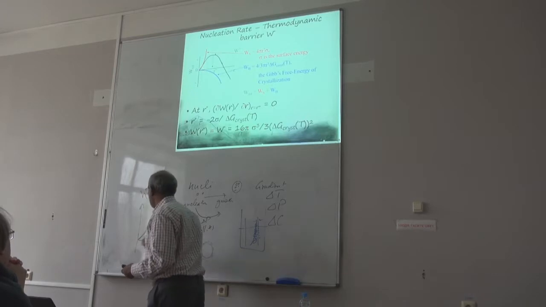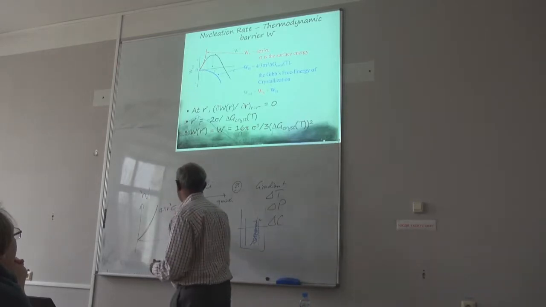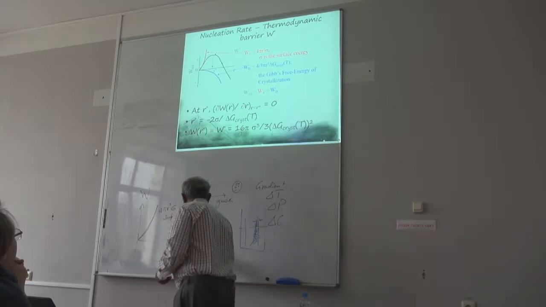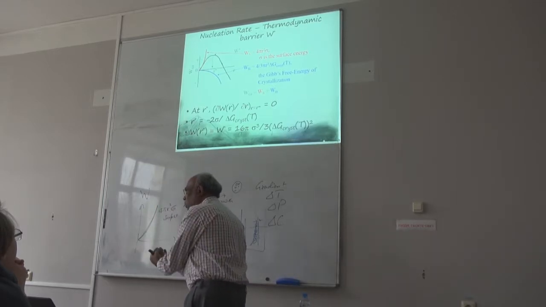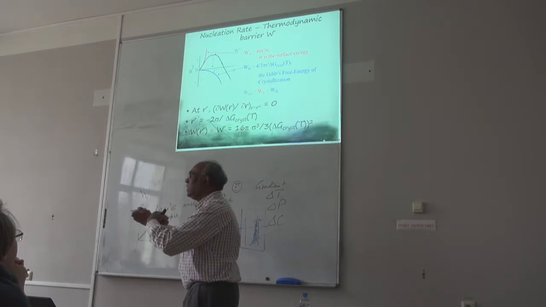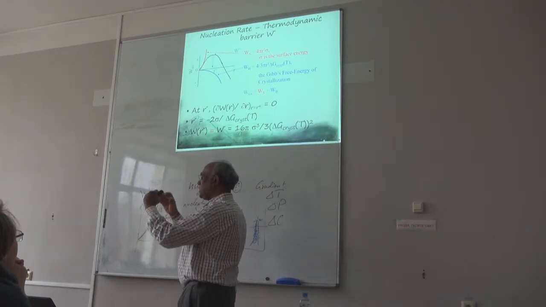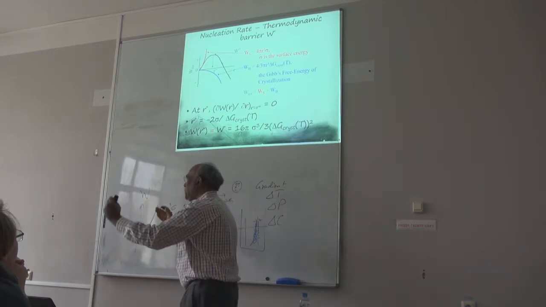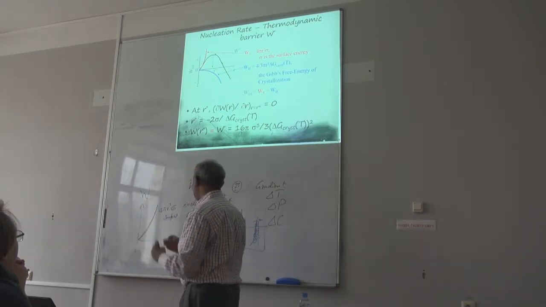So this is a positive value, the surface term. Then you have a volume energy. So these are two competing energies. The surface is always trying to minimize the surface, and then volume is trying to increase it.